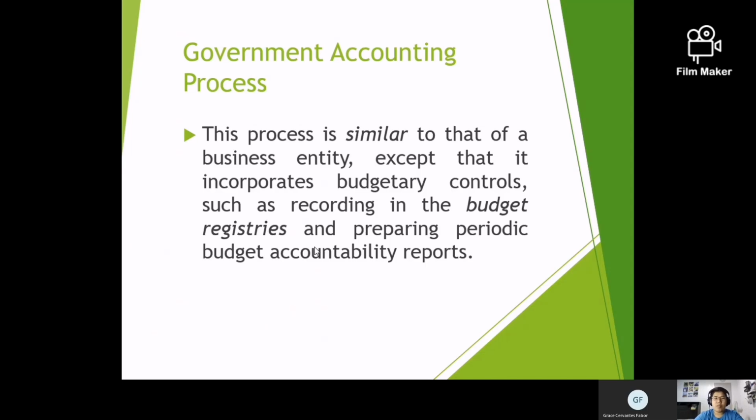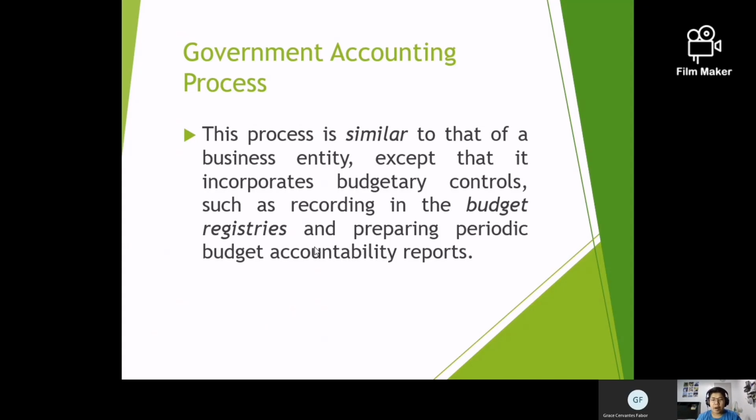It is similar to a business entity, except that it incorporates budgetary controls such as recording budget registries and preparing periodic budget accountability reports.